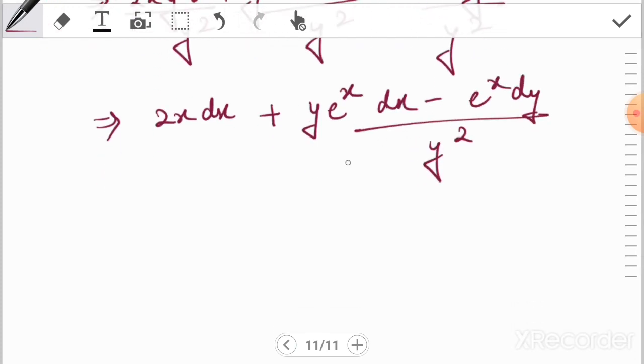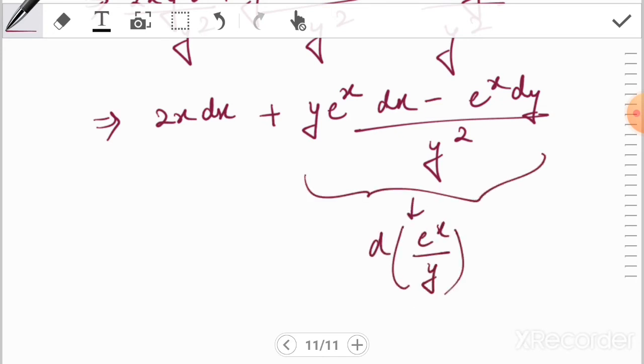And this is nothing but d of e raised to the power x by y. Yes, this is in the u by v form, so (v du minus u dv) by v square.